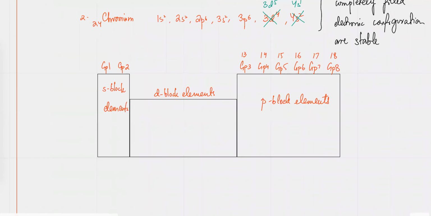So whenever you see a periodic table, you can figure out the electronic configuration, because p block elements are those elements where the last electron ends up in a p subshell. d block elements are those elements where the last electron ends up in a d subshell, according to the Aufbau principle.